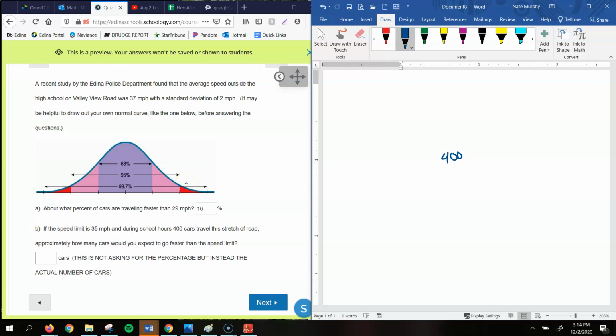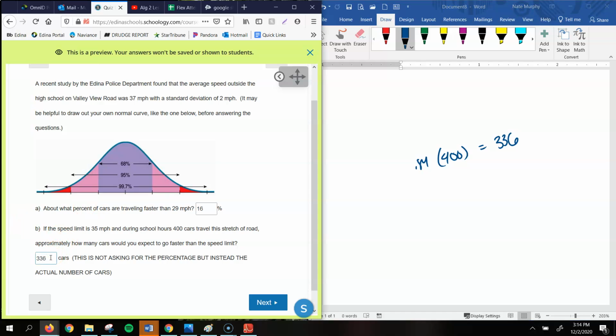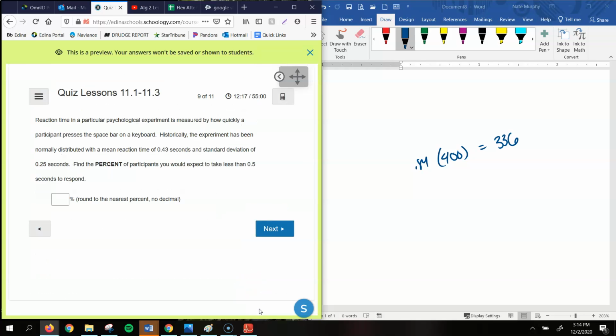When you add those together, we get 84%, which as a decimal is 0.84. So that means 84% of the cars travel faster than the speed limit. So if you take 0.84 times 400, we would get 336 as your answer. So that was a tricky one, that second part there. Of the cars, 336 of the 400 cars would be traveling faster than the speed limit.